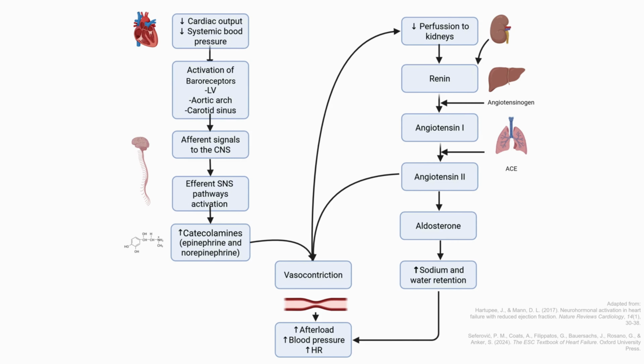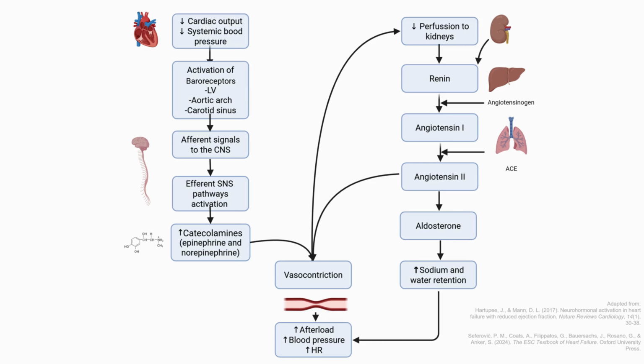Okay, when we're talking about the activation of neurohumoral systems, we should visualize these two main columns. And what do they have in common? Well, they lead to the vasoconstriction or narrowing of blood vessels, and therefore to an increase of the afterload, blood pressure, and heart rate.